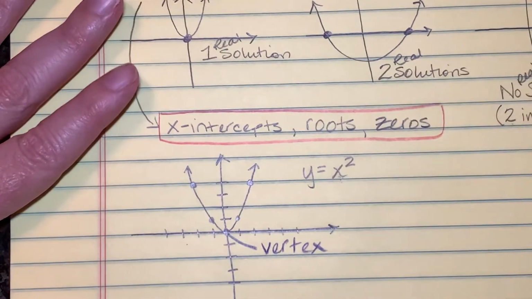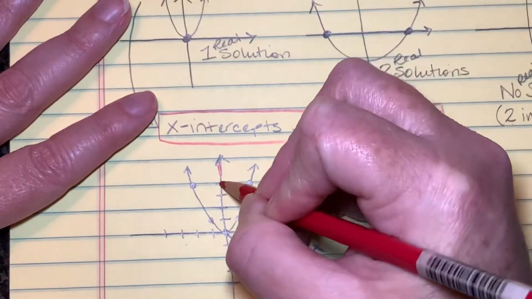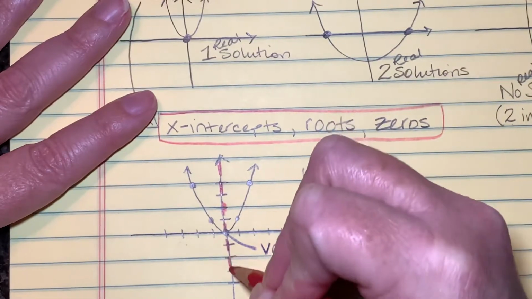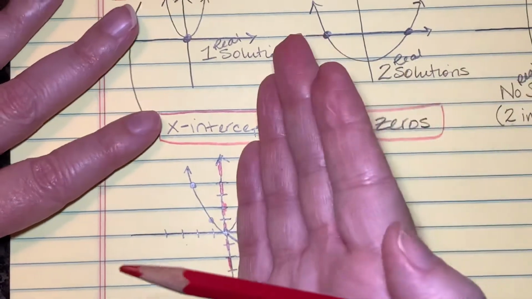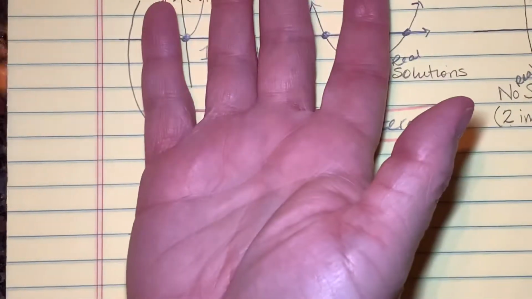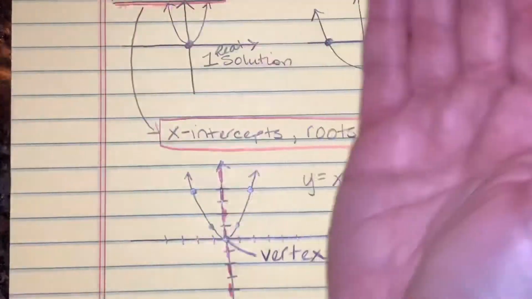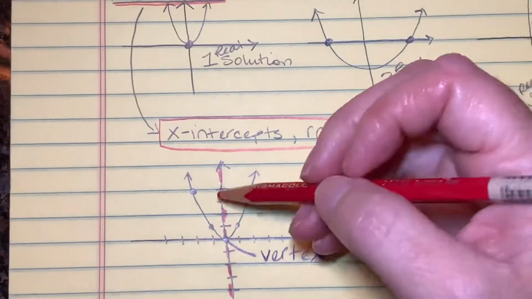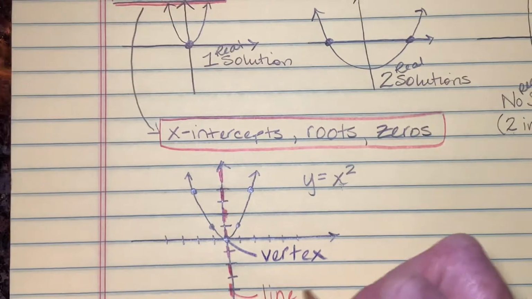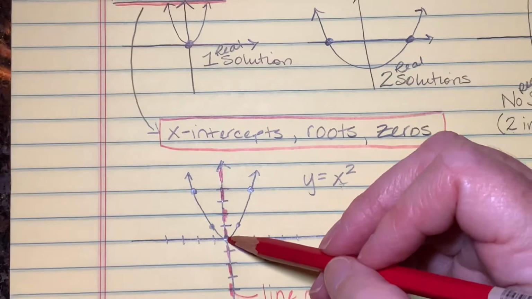The other part that we need to know is the line of symmetry. The line of symmetry is that line that I can fold the parabola over, so that if I folded it over, it would be exactly the same, right? Like if you take your hand and fold it over, it's exactly the same but reversed. That reflection is called the line of symmetry, and it always goes through the x value of the vertex.